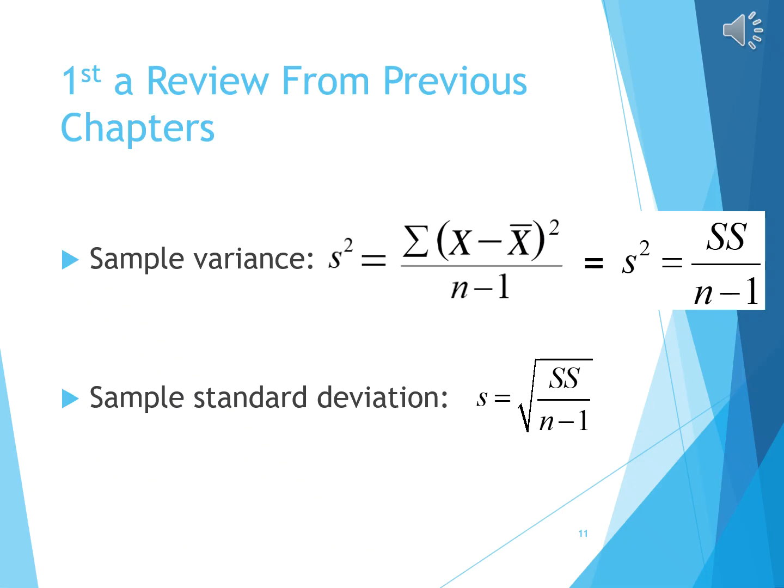That's the sum of squares. You take every raw score, subtract the mean, and then square all of that. So you have the sum of squares on top, and then you divide it by n minus 1 if you're talking about samples, because the n minus 1 is a little corrective factor. Then, to find the sample standard deviation, you take the square root of the sample variance, or the square root of that entire term on the right side of the equation.